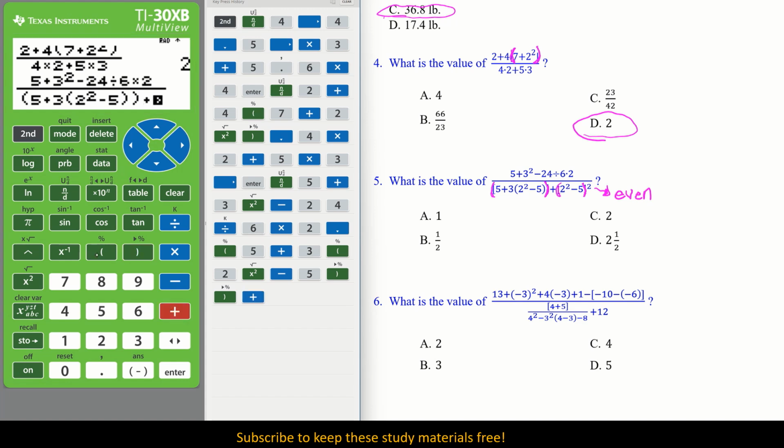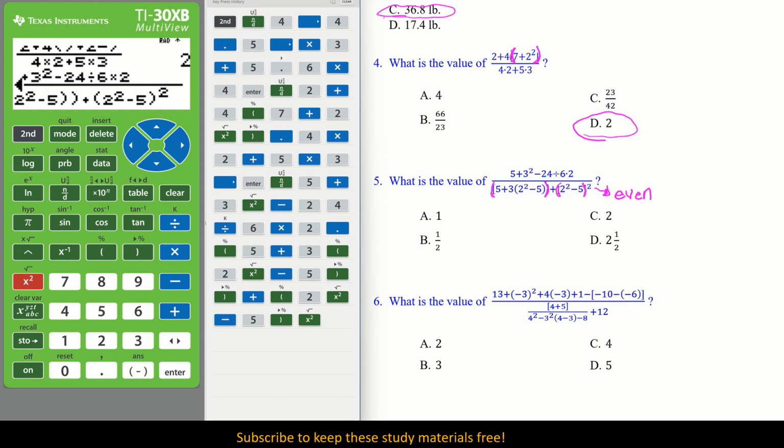Now plus, and then we have parentheses 2 squared. Okay, and then oh, it's minus 5 again. Now that's very curious. Okay, so minus 5 and then parentheses, but we have to square that. And let's double check that we've done that correctly. Okay, and I agree with it. Looks like, remember, you can always arrow over to go back and look at the front part.